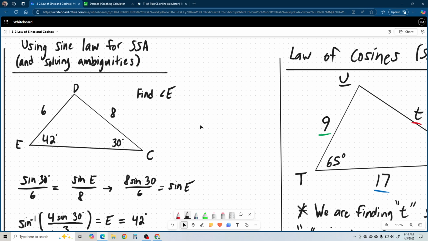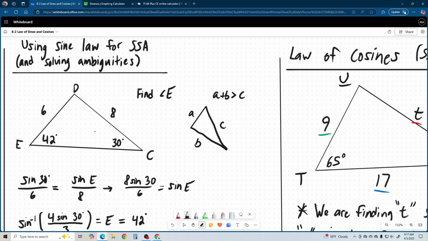Now, there is the potential in these problems that there could be 0 triangles possible, right? And basically, I don't know if you remember from the Pythagorean theorem and its converse, the idea that when we have a triangle with 3 sides, our longest side we'll call C, and then A and B. In order for a triangle to exist, A plus B has to be greater than C, right?